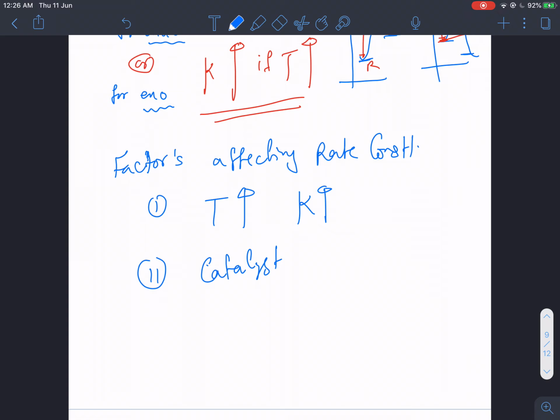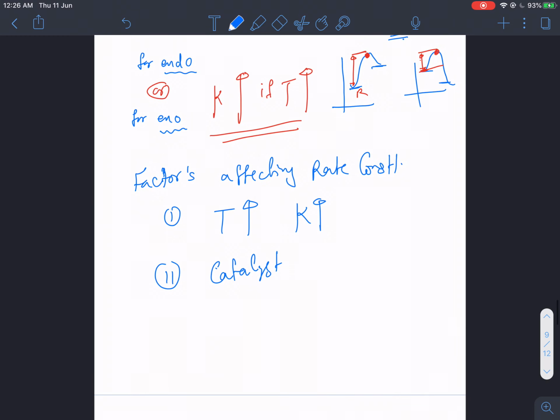In old nomenclature, catalysts were classified into two types. The one which increased the rate of reaction was termed a positive catalyst, and the one which decreased the rate of reaction was termed a negative catalyst. But in modern terminology, we say that a catalyst is a substance which always increases the rate of reaction.